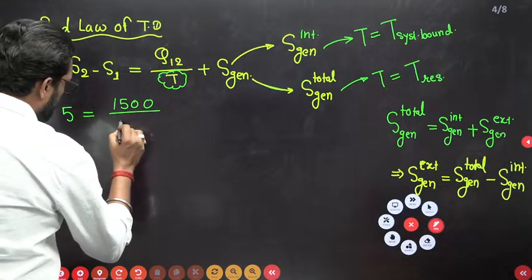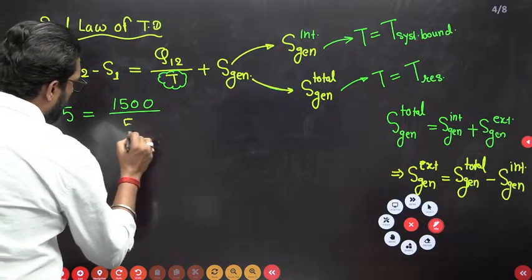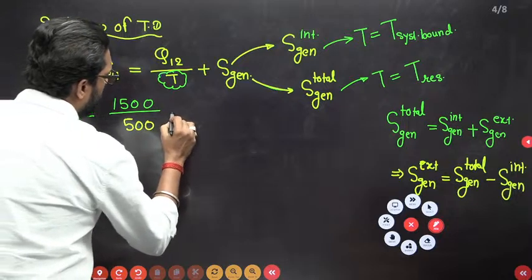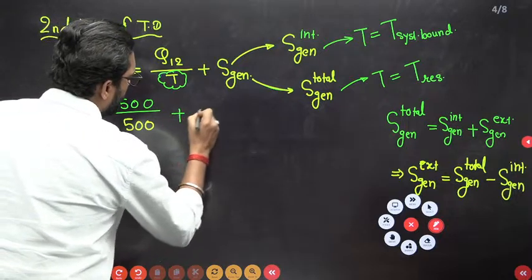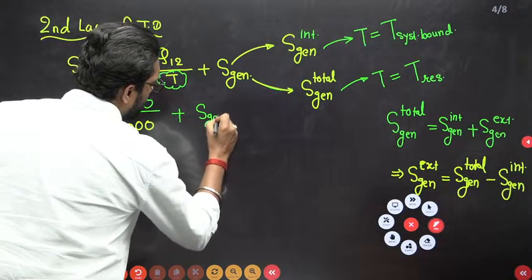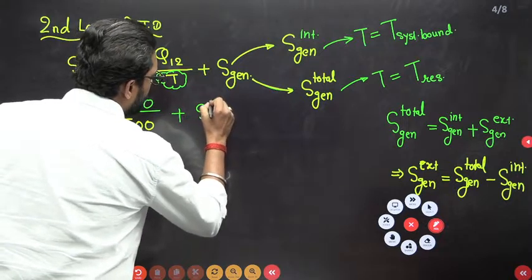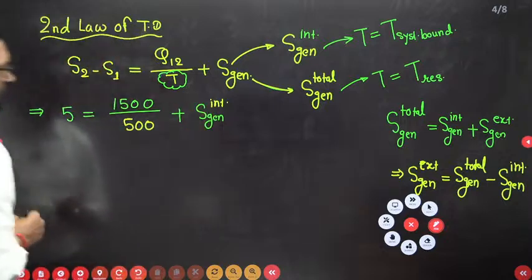If you put this 500, here S generation is internal. Clear?